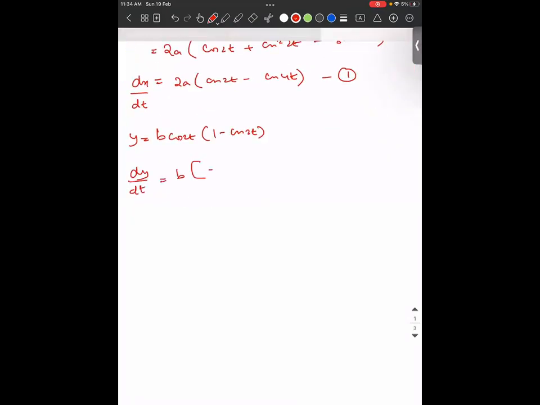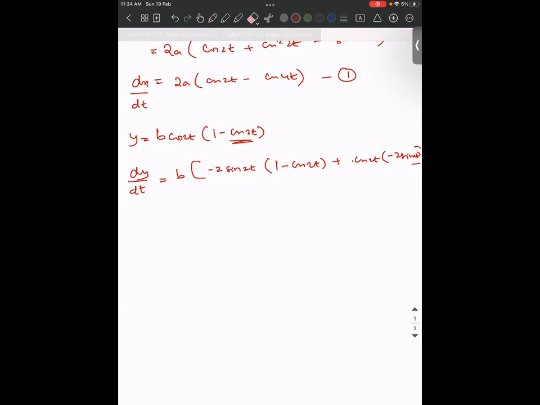B, I take it out, minus 2 sin 2t into 1 minus cos 2t plus b cos 2t into minus 2 sin 2t. So we have already taken b outside, right? Yeah, I've taken it. So b is not needed.